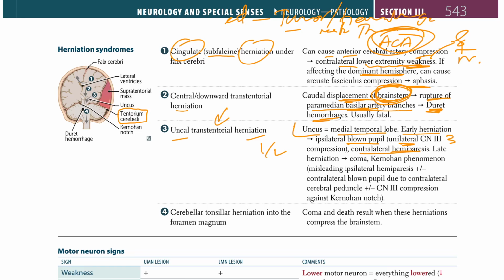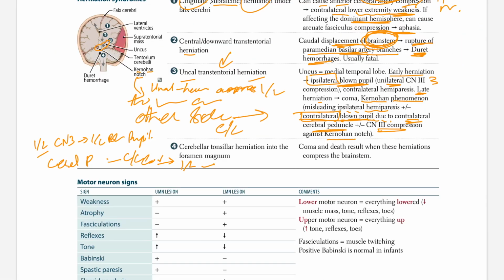Okay. But late herniation can lead to coma and Kernohan phenomena. What is Kernohan phenomena? If you take a look here, let's just review this part, the uncal herniation. Early herniation is just going to herniate on the same side.